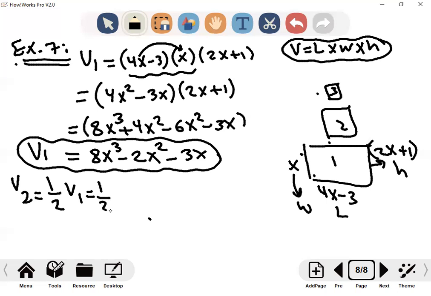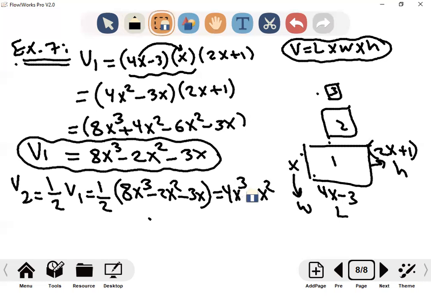Half multiplied by volume 1: 8x power 3 minus 2x power 2 minus 3x. Half times 8 is 4x power 3. Half times negative 2 is negative 1, x power 2, no need for the 1.